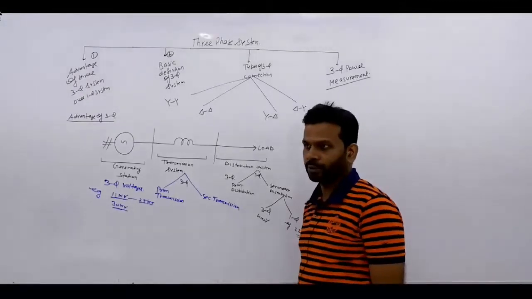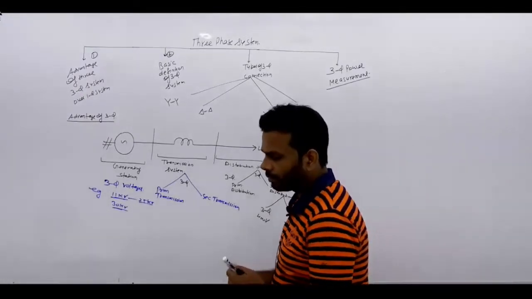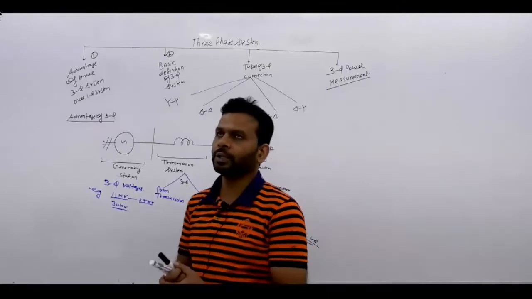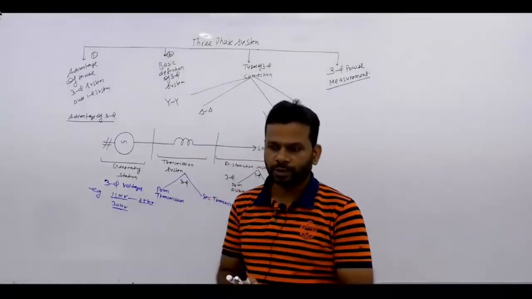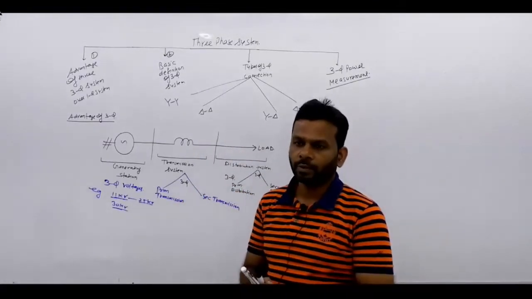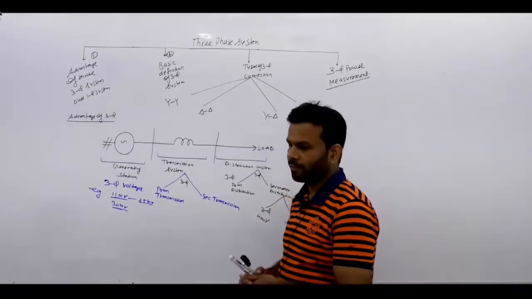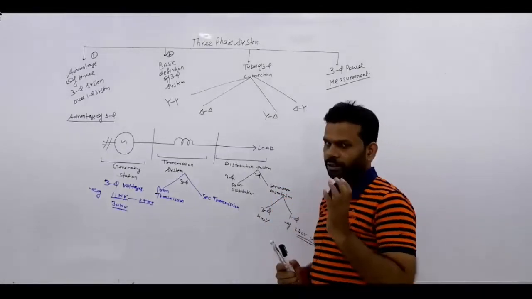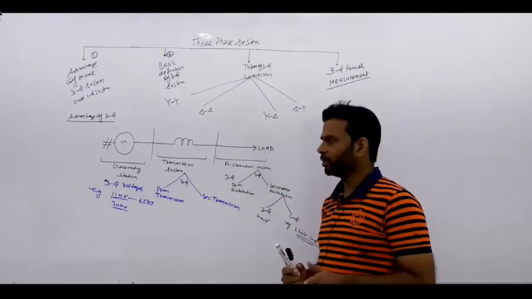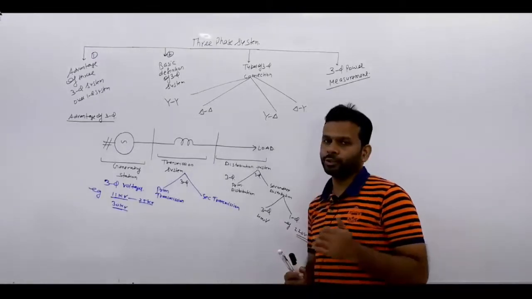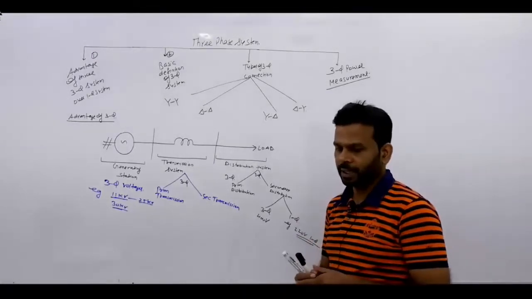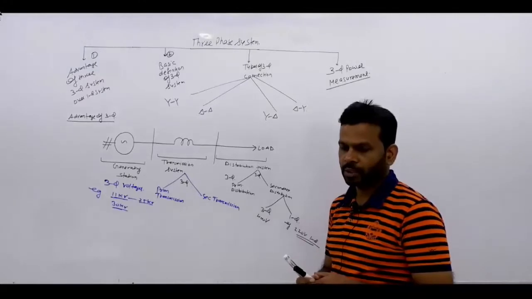That is the main question. We have a number of advantages of the three-phase system over the single phase system. That's why worldwide every country generates, transmits and distributes three-phase power, except for the single phase consumer load.